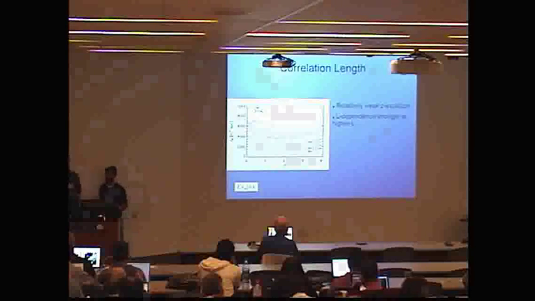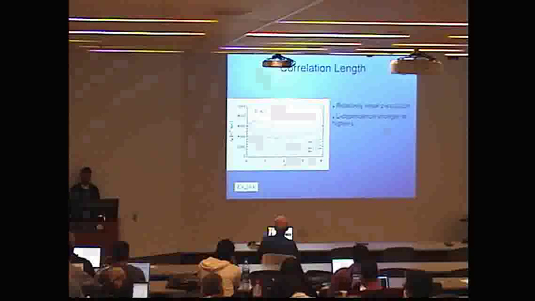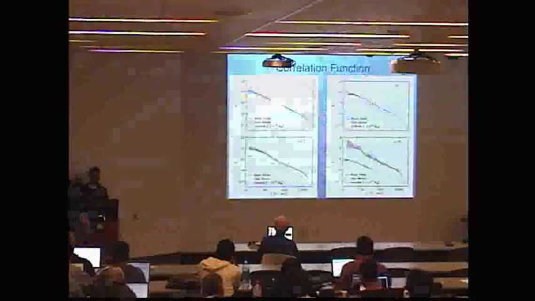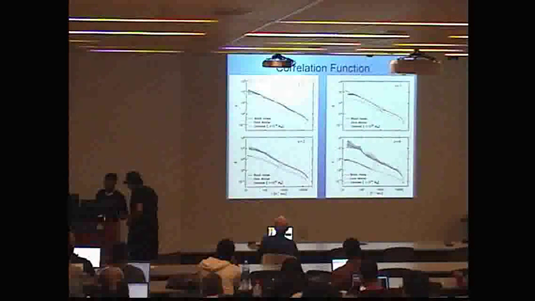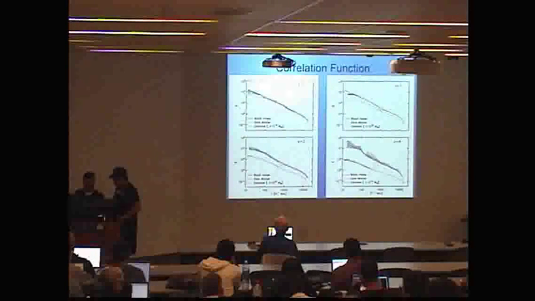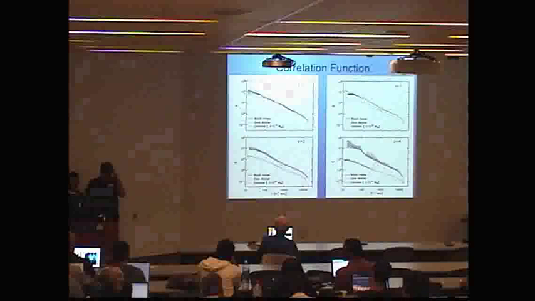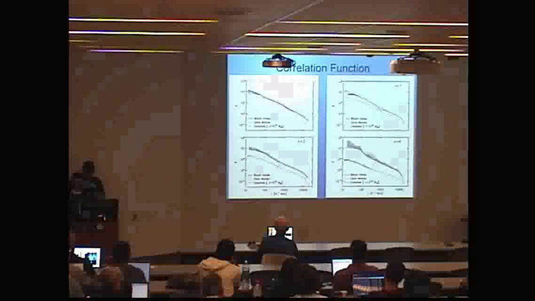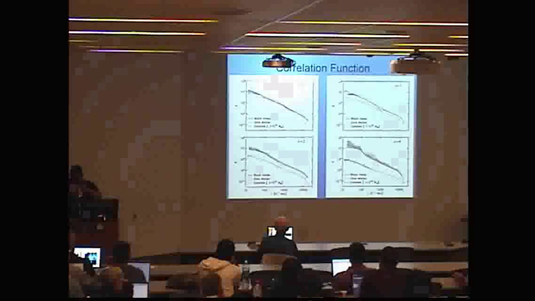That's correlation length, correlation function. So black holes live in halos with about 10 to the 12, 10 to the 13 and above, right? And you're saying they're not biased.